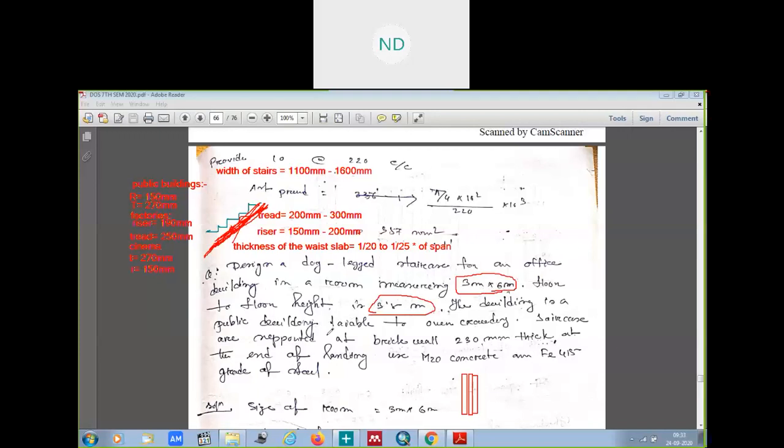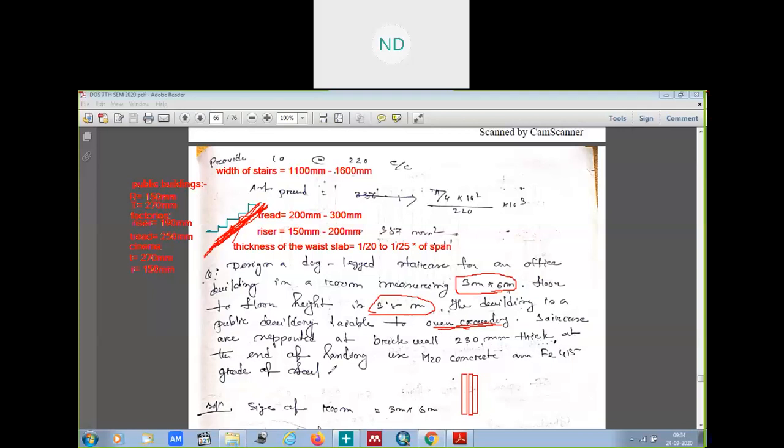The building is a public building liable to overcrowding. Generally, we know for public buildings we take our riser to be 150 mm and treads to be 270 mm.